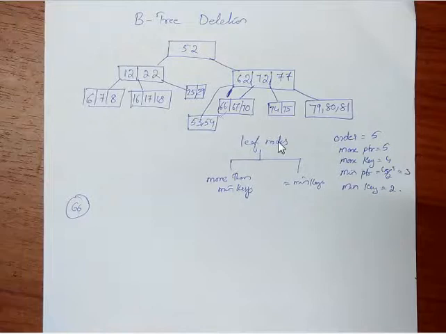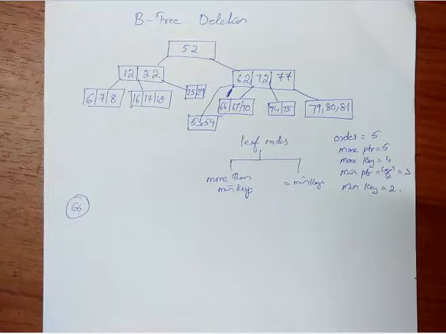For example, the minimum number of keys is 2, and this node contains 66, 67, 70, so more than the minimum keys are present in the node. In the second case, there is currently only the minimum number of keys, like this, involving only two data values.